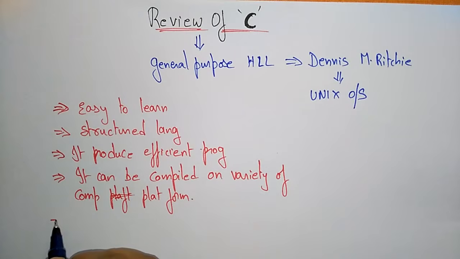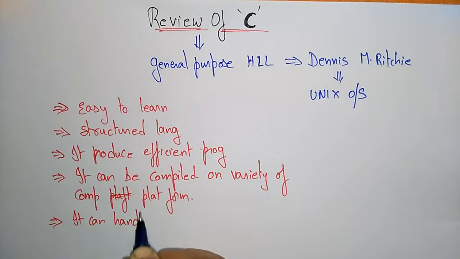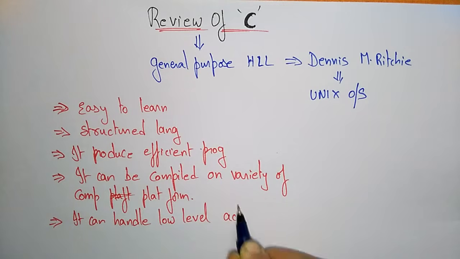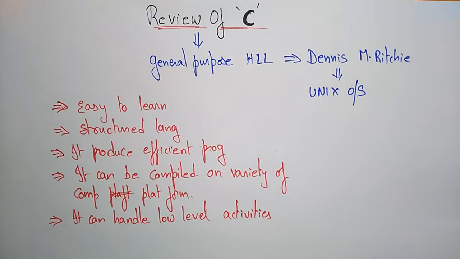One more reason for preferring C is that it can handle low level activities. If you are preferring only low level activities, then it is better to go for C rather than object oriented programming.